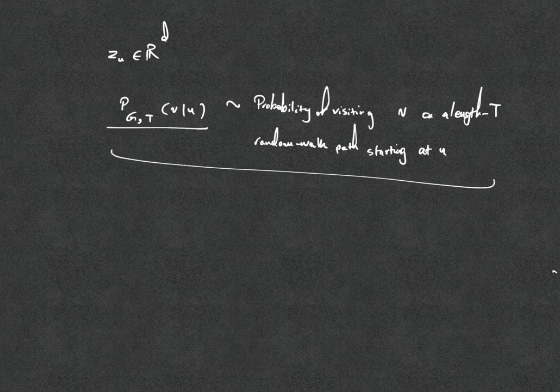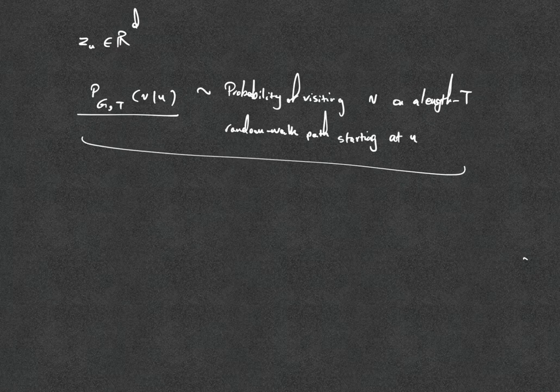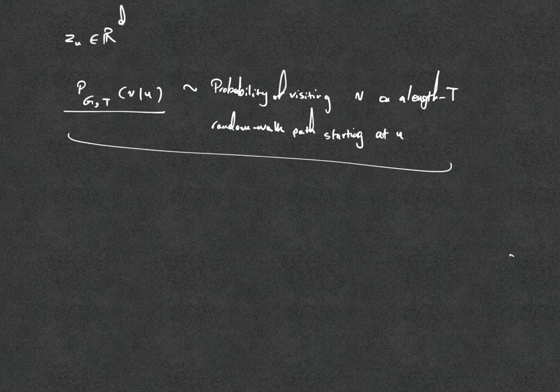The objective is to learn representations so that you are able to mathematically reconstruct the random walk statistics happening on this graph.